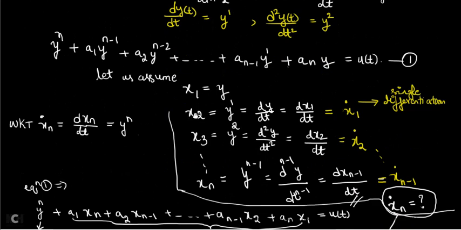Now let us assume x2 is equal to y dash. Y dash means single differentiation of y. Now y dash can be written as dy by dt. Now dy by dt can be written as, what is y? Y is nothing but x1. So I can write it as dx1 by dt, correct? Now dx1 by dt can also be written as x1 dot.